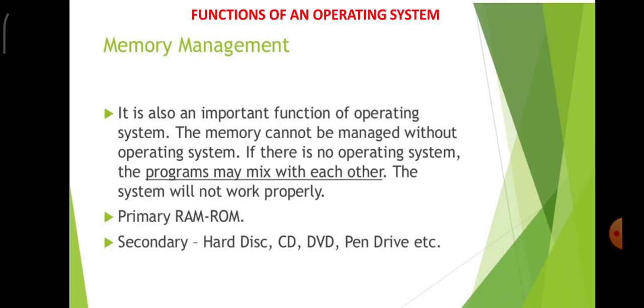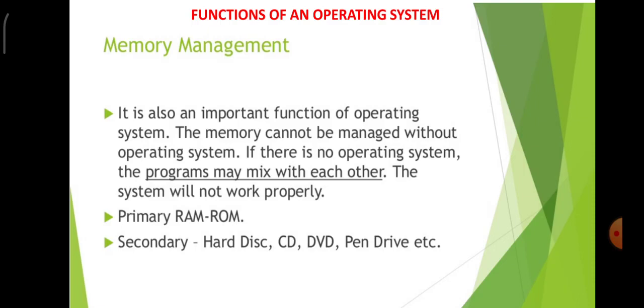Okay, memory management. It is also an important function of operating system. The memory cannot be managed without an operating system. If there is no operating system, the programs may mix with each other. The system will not work properly. Primary memory, as you all know, is RAM and ROM.